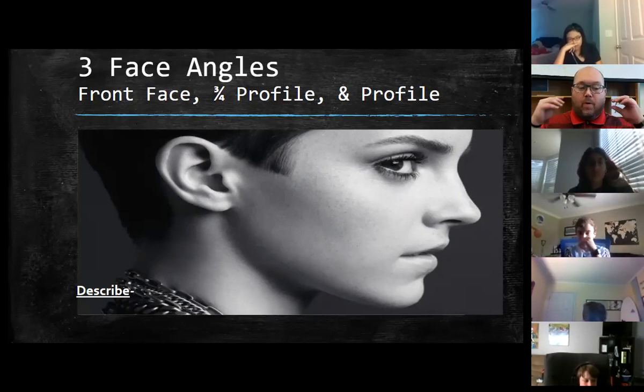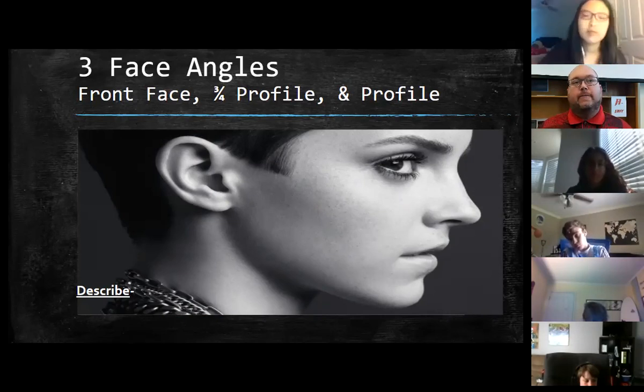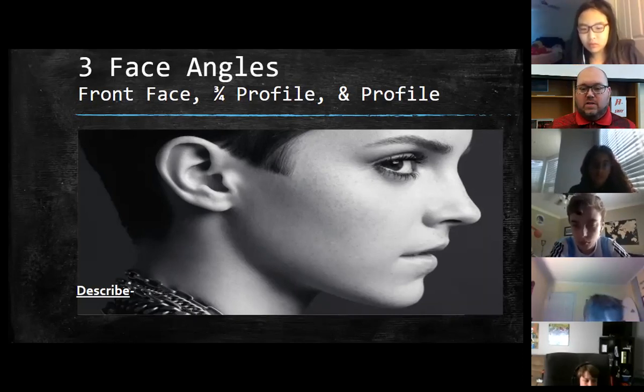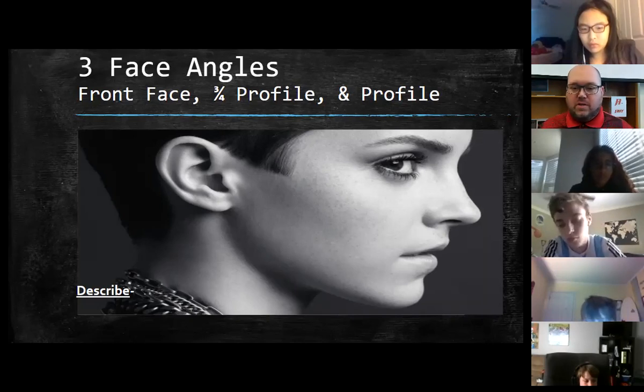When you're shooting in a profile angle, it is not an attractive way to look at it, because what it does is, and you're going to want to put this down for that bullet, it highlights imperfections or flaws.